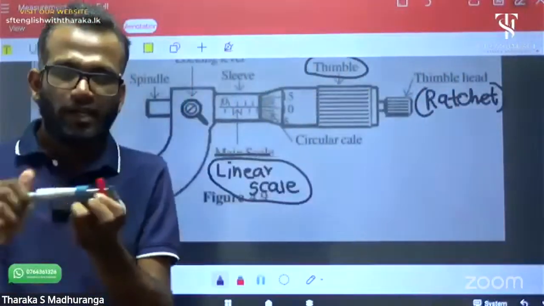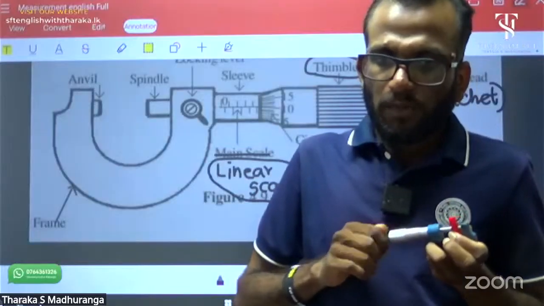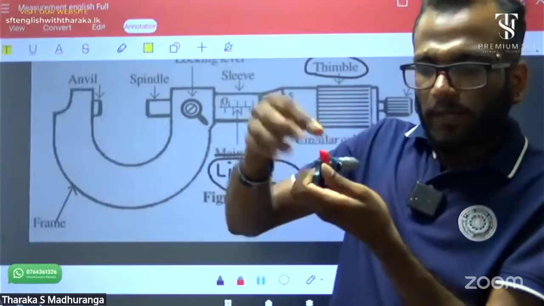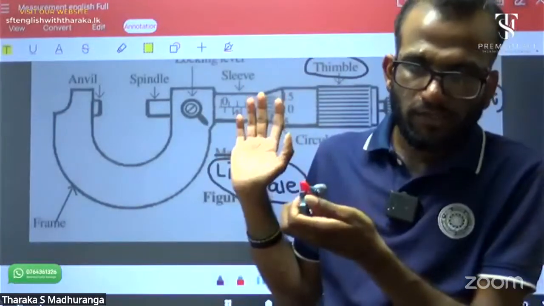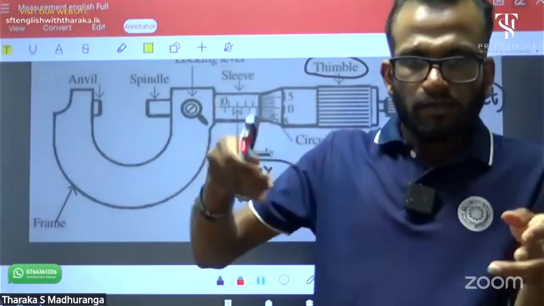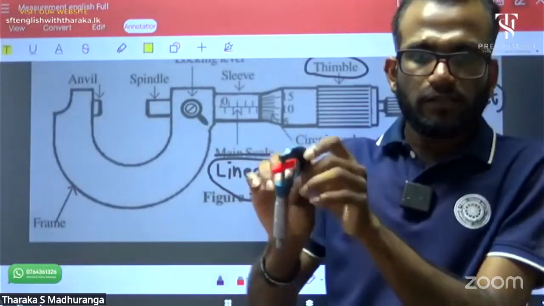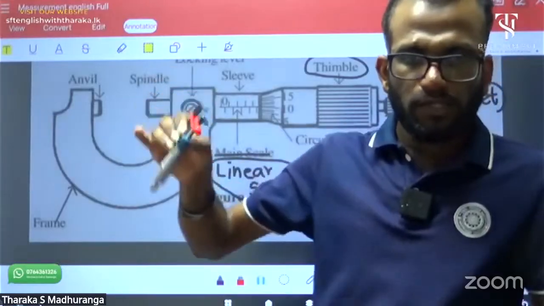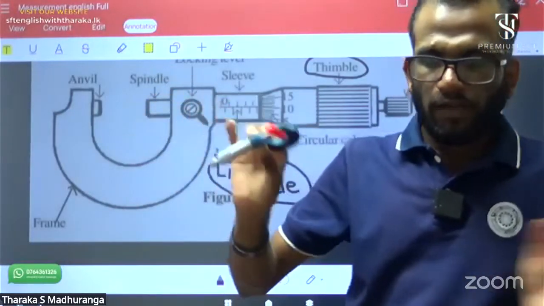What is the meaning? If this sound is coming, that means the object between the spindle and anvil has the required tightness. See, this is the required tightness.